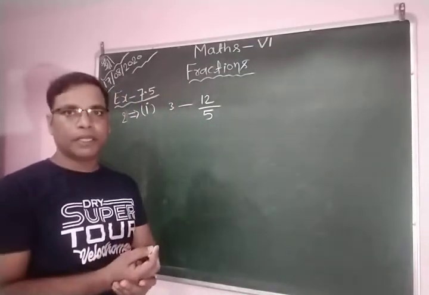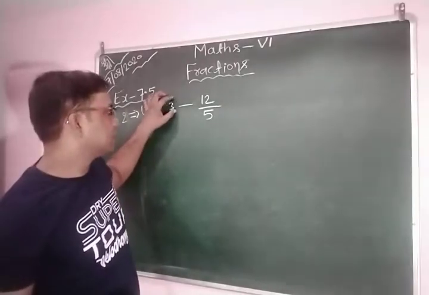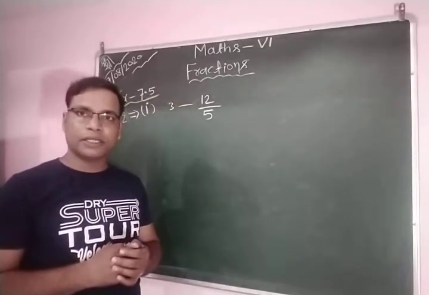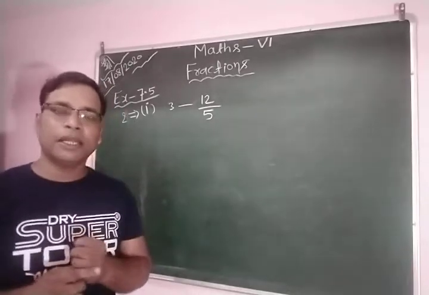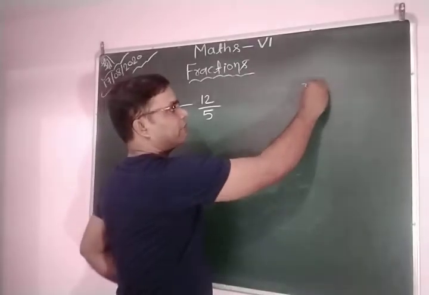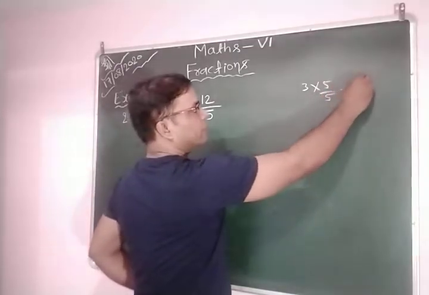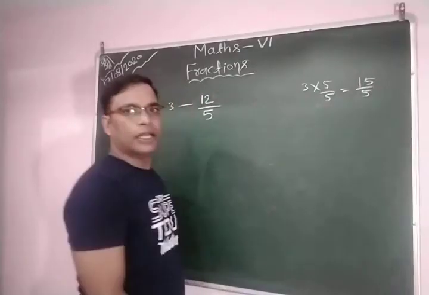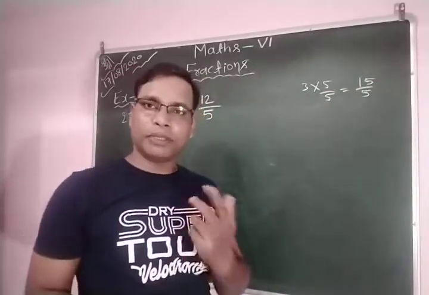How do we subtract them? If you make this 3 a fraction, you can write this 3 in the form of a fraction. If you multiply and divide 3 by 5, this is 15 by 5. Again if you divide 15 by 5, then you obtain 3.